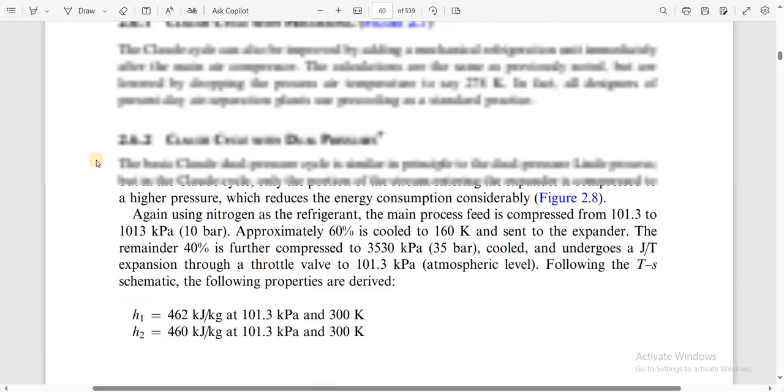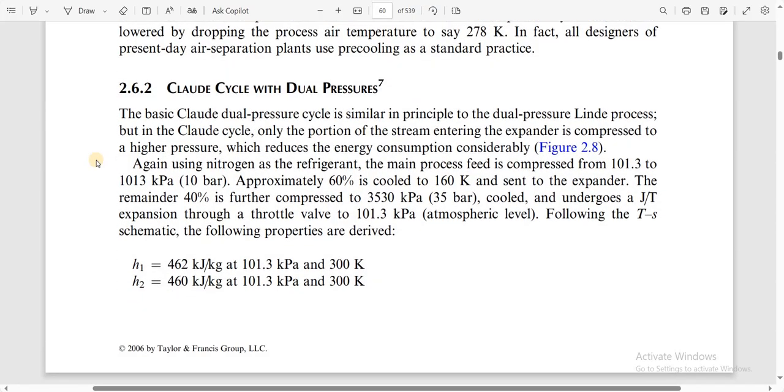Claude with dual pressure. Okay, so let's learn this. The basic dual pressure cycle is similar in principle to the dual pressure Linde process, but in the Claude cycle, only the portion of the stream entering the expander is compressed to a high pressure, which reduces the energy consumption considerably. Using nitrogen as the refrigerant, the main process feed is compressed from 101.3 to 1013 kilopascal, 10 bar.